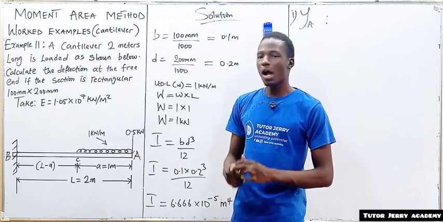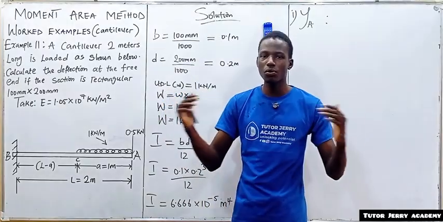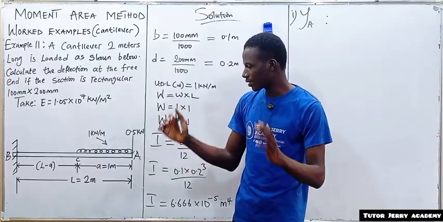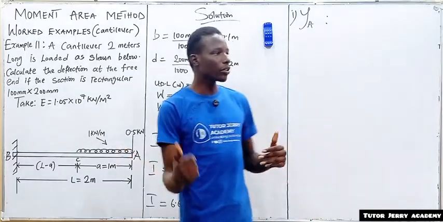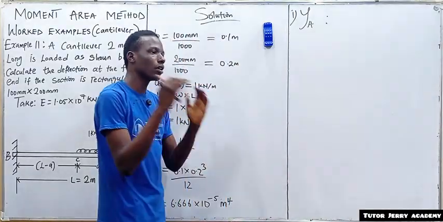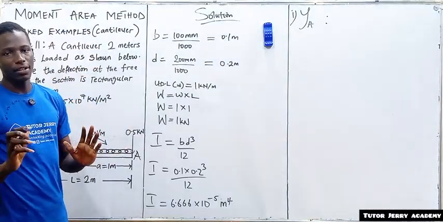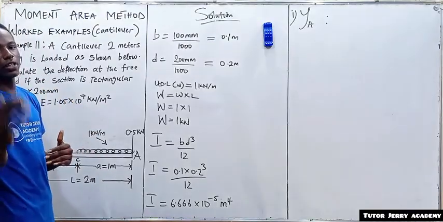So we are going to go back to those relations we got when we considered these two separate cases. When we considered a cantilever with a point load at the free end, we got the relation to be WL to the power of 3 all over 3EI.